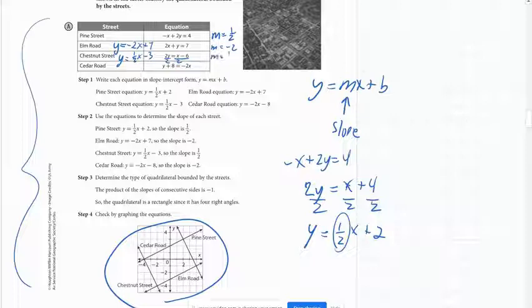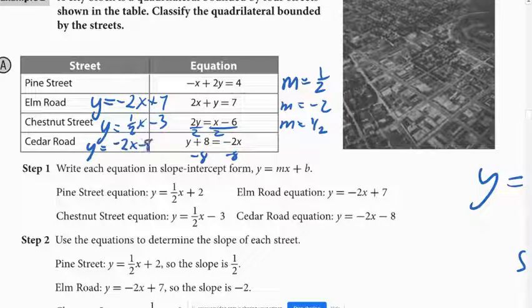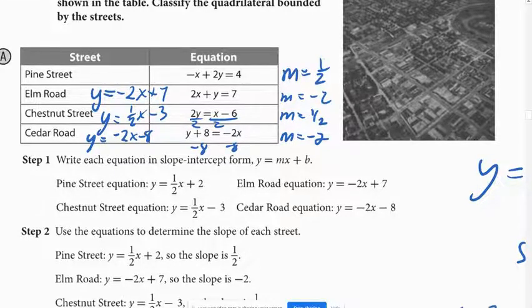That has a slope of 1/2. And then for the last one, all I have to do is subtract 8 from both sides. I get y = -2x - 8, and that has a slope of -2. Then we see again, if I multiply these two, I get -1. Multiply these two, I get -1. Multiply these two, I get -1. All the angles are right angles.